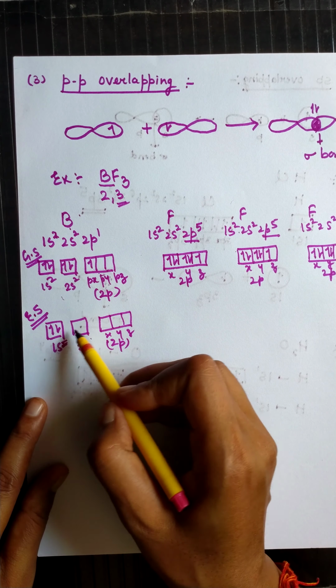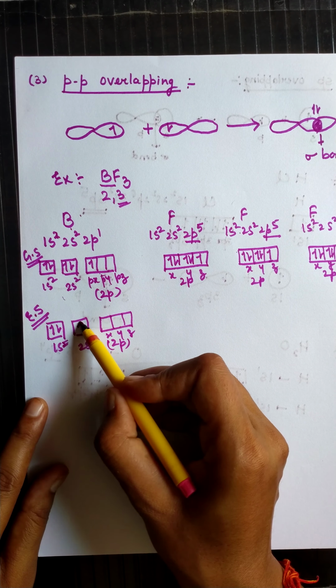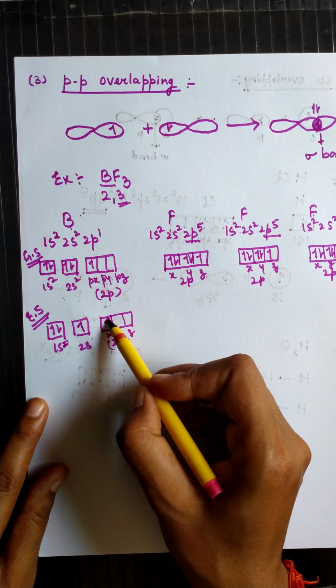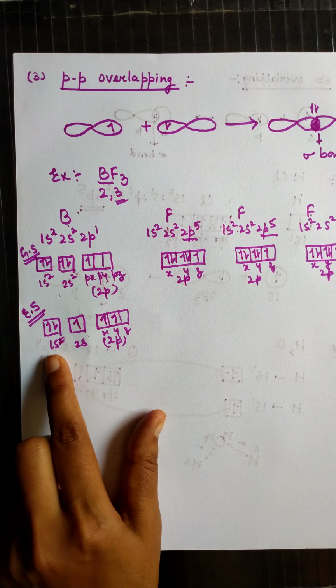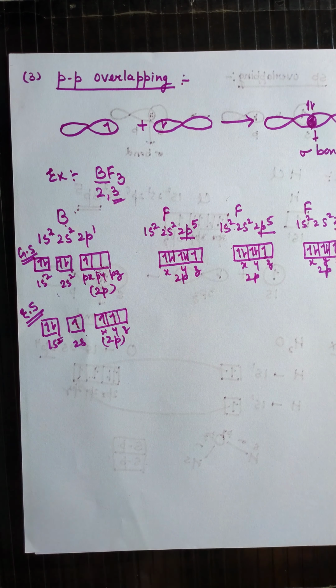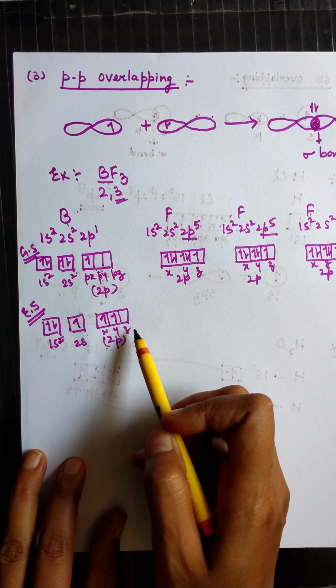Here 2 electrons are there. The 2s orbital gains energy, and one of the electrons gets excited into the vacant 2p orbital, and we get an excited state like this. For the formation of bonds, these get excited.